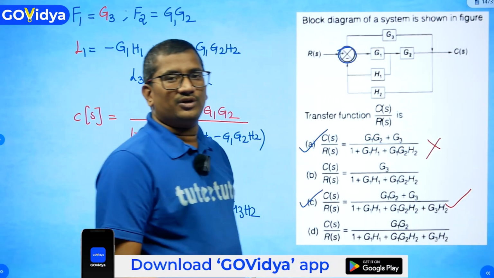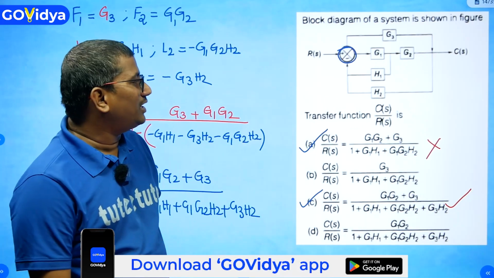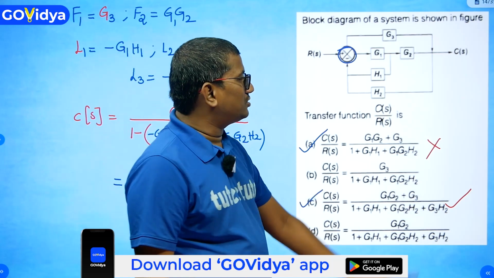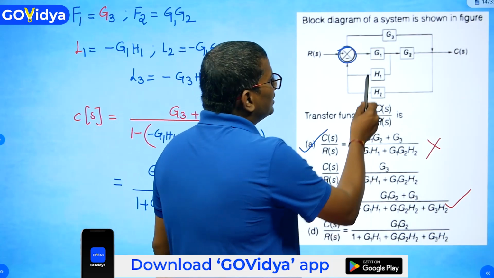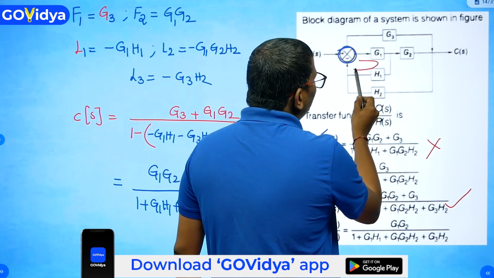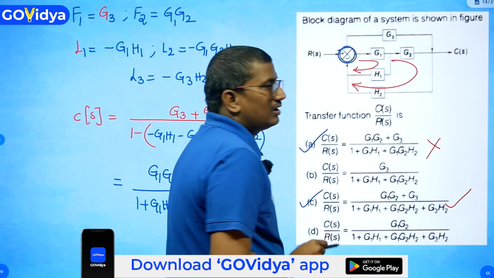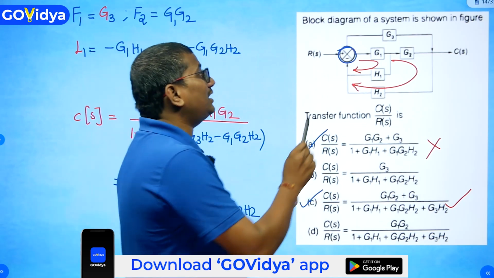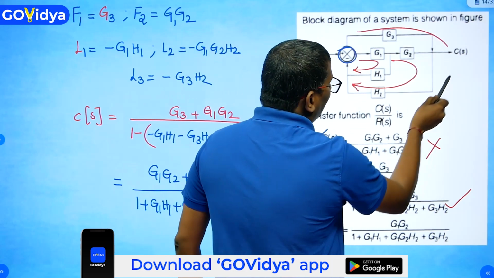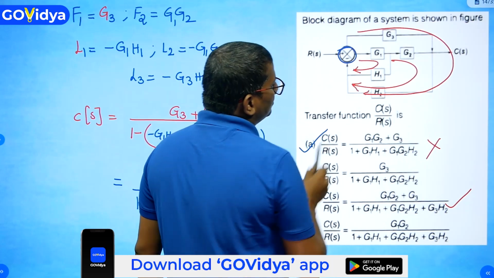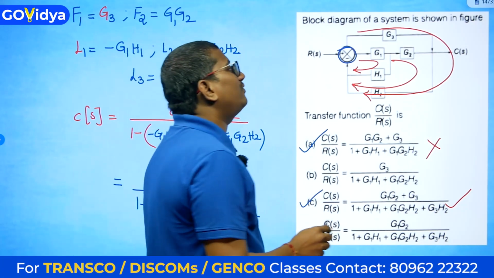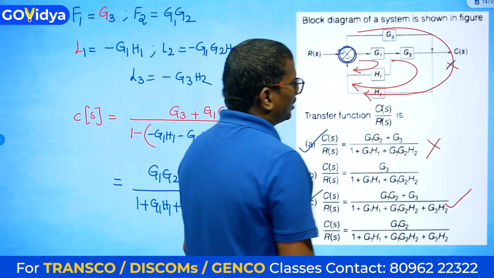But generally there is a possibility of committing a mistake. What is the possibility? See G1 H1, this is one loop. G1 G2 H2 is another loop. There is a possibility, but we forgot that this is also another loop. Got it now? So generally what we mistake, this we will forget.